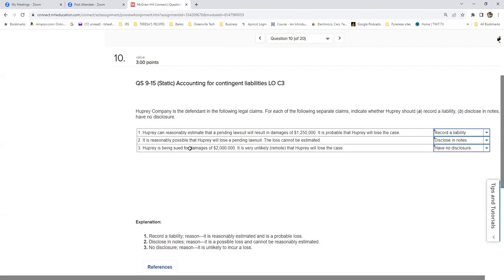Next, it's reasonably possible that Humphrey will lose a pending lawsuit, but the loss can't be estimated. Well, that's going to be disclosed in the notes to the financial statements. And finally, Humphrey is being sued for damages of $2 million. Very unlikely that he will lose the case. You don't have any responsibility to disclose it.